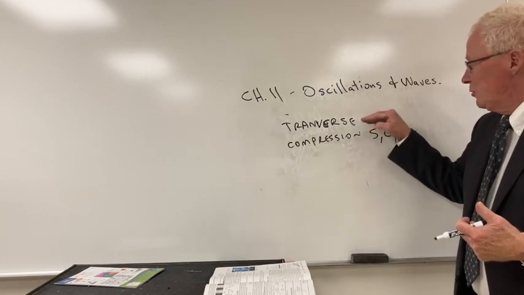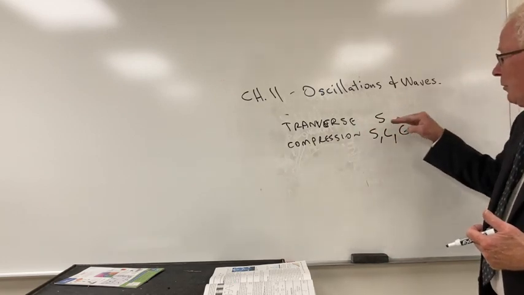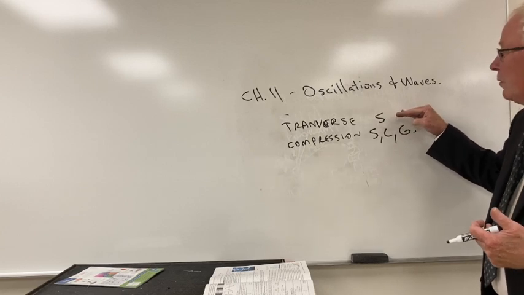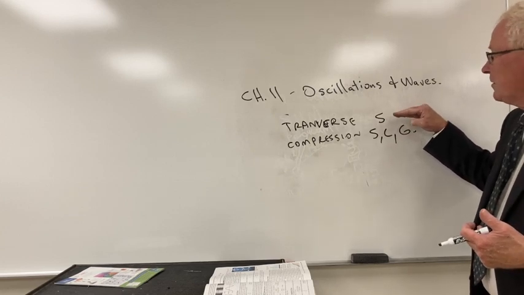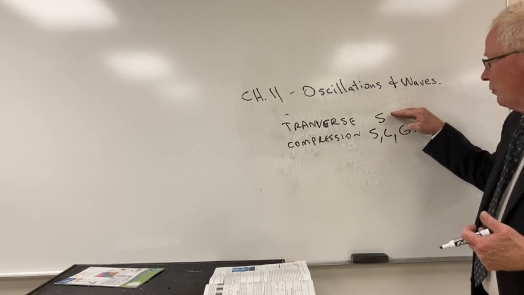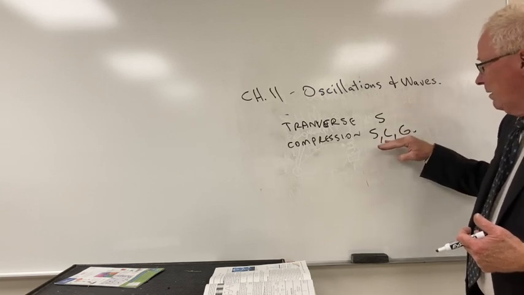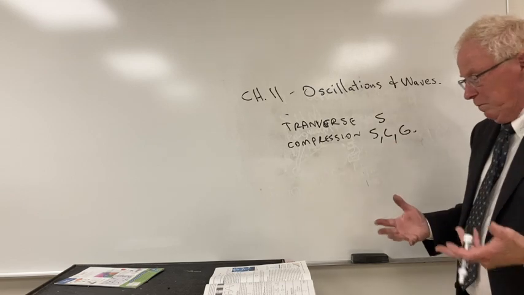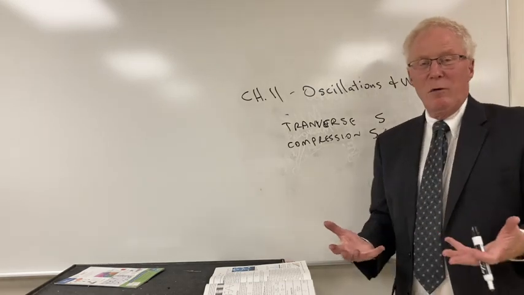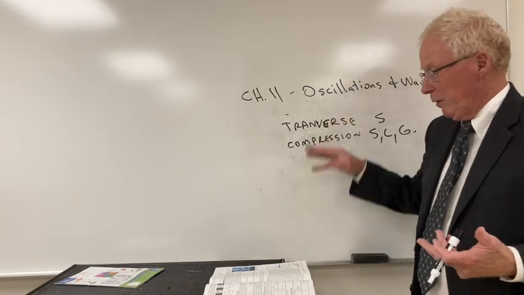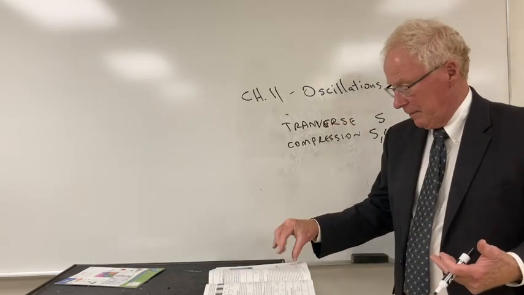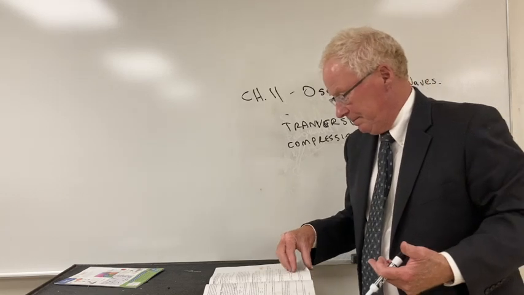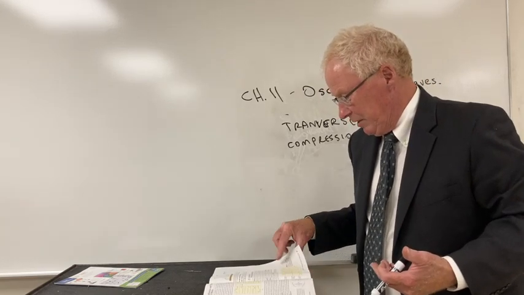The earthquake produces both of these, but a transverse wave can only go through solid, while it cannot go through liquid. So if part of the interior of the earth is liquid, the transverse waves will not penetrate through there. So that is the characteristics of chapter 11.